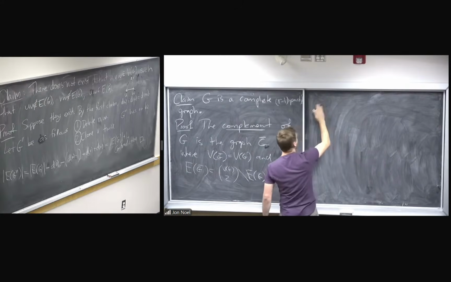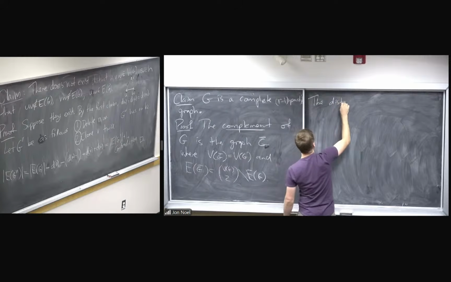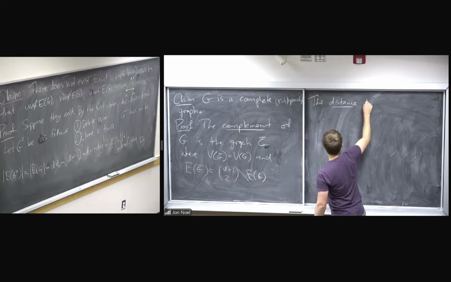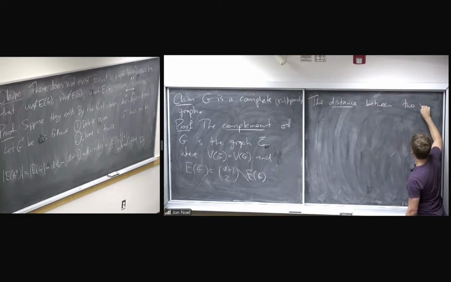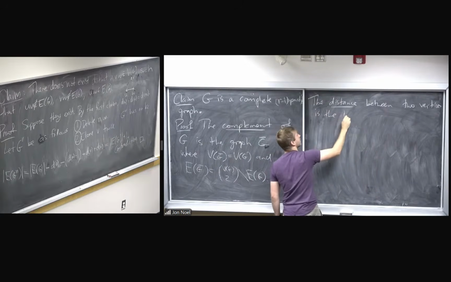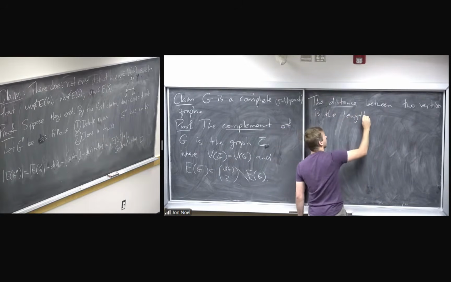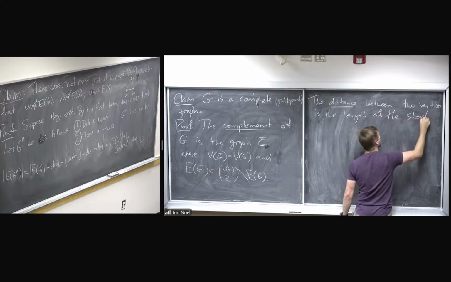And generally the distance between two vertices in a graph is the length of the shortest walk between them, if it exists, right?